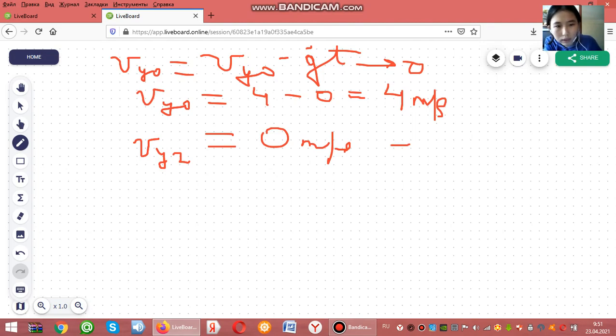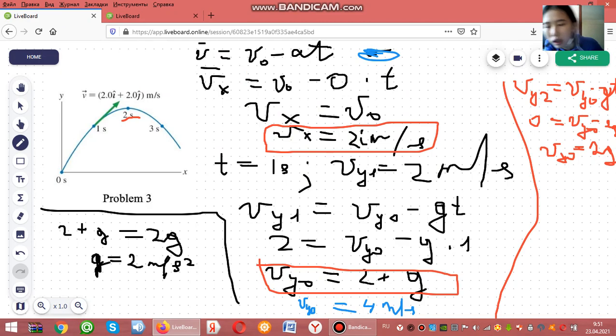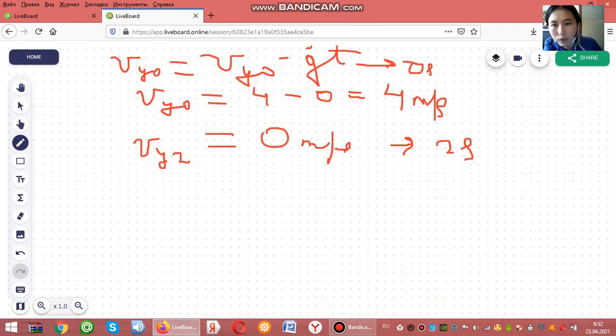So here at 2 seconds we have 0. Then from the highest point down to 3 seconds, we should use Vy2, which equals 0, as the initial velocity, and the time needed going from 2 seconds to 3 seconds. So here it will be something like this.